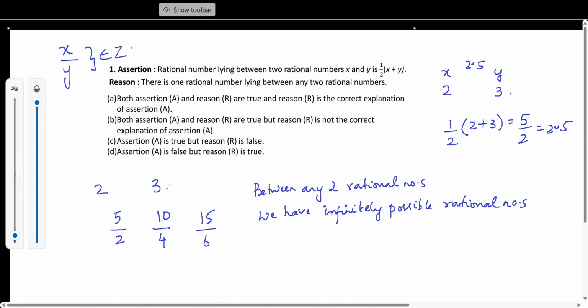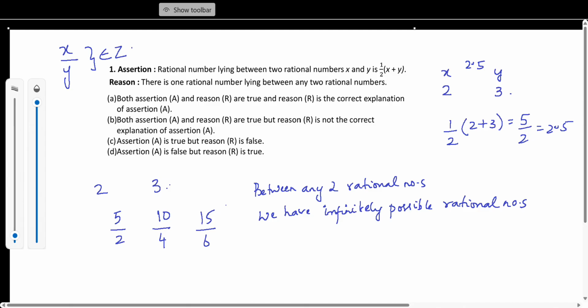Suppose the denominator turns to 6, you will see that you will get a few more options in between 2 and 3. If the denominator becomes 8, you will see that the number of rational numbers keeps on increasing every time you get an equivalent fraction by making the denominator different.